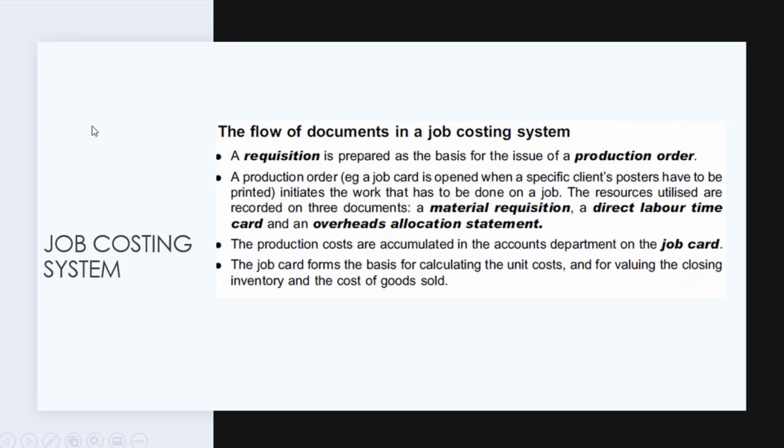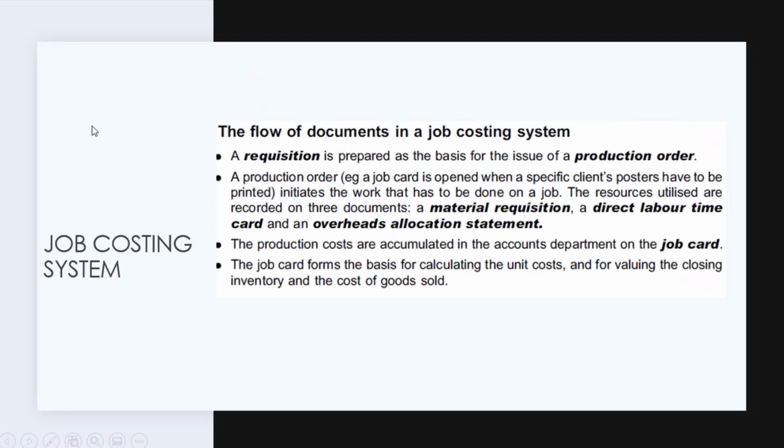So this is an example of how it looks. We can look at this diagram that is inside your module on page 210, and thereafter we'll be looking at activity 13.2. Here it was showing that there are different jobs: job number one and job number two. In this instance, you'll see that there is a direct material inventory T account, with an opening balance, and then an entry showing that we've purchased new material.